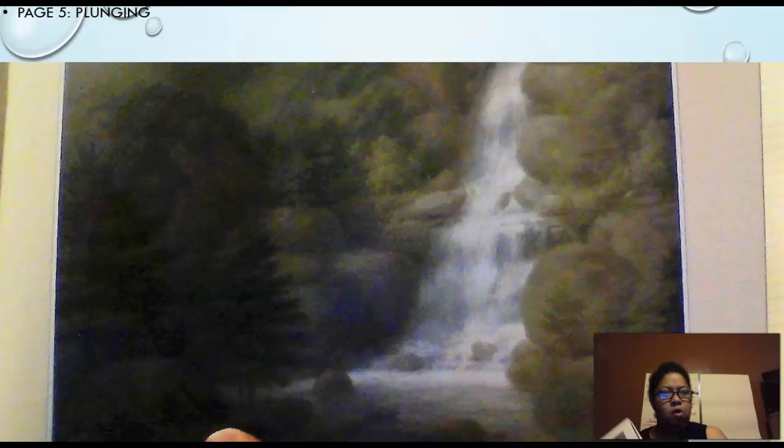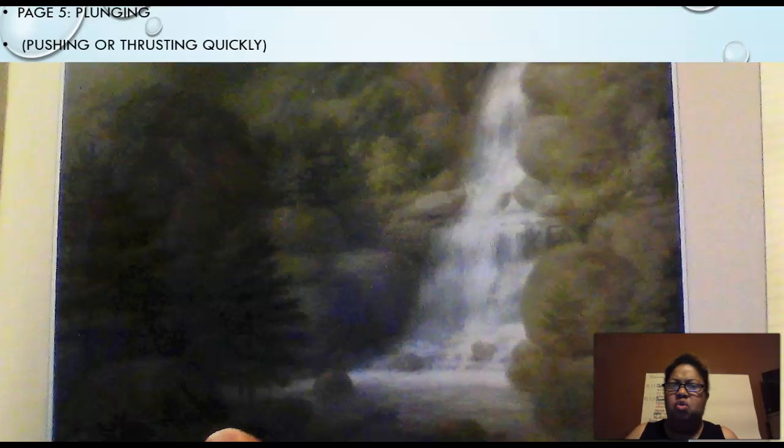Okay, so I'm looking at the source we have, and here is the waterfall, and it looks like it's kind of pouring down, right? So I'm thinking plunging means to pour down, to move rapidly, to push or thrust quickly down as it falls. Okay.